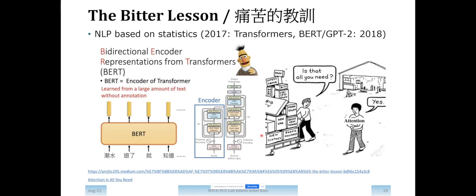Finally, for natural language processing, basically we can see the same story. Originally it was based on statistics, but recently it has been replaced by very large deep neural networks called transformers. For example, even Google began using transformers for their search engine because it's better than traditional methods.